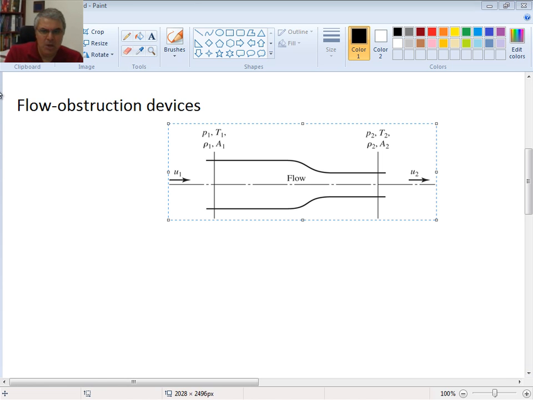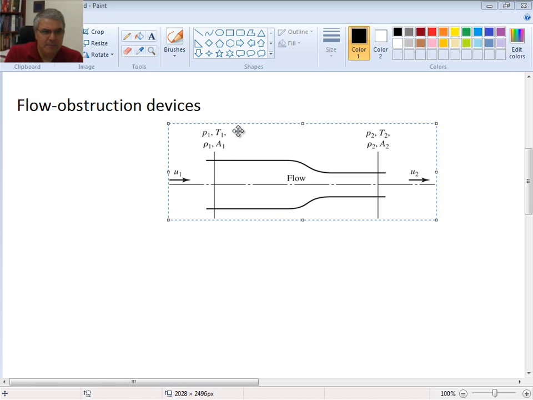And before we talk more about the flow obstruction devices, let's talk about a flow as such that's shown here, what we call the one-dimensional flow system. Let's talk about the situation here.